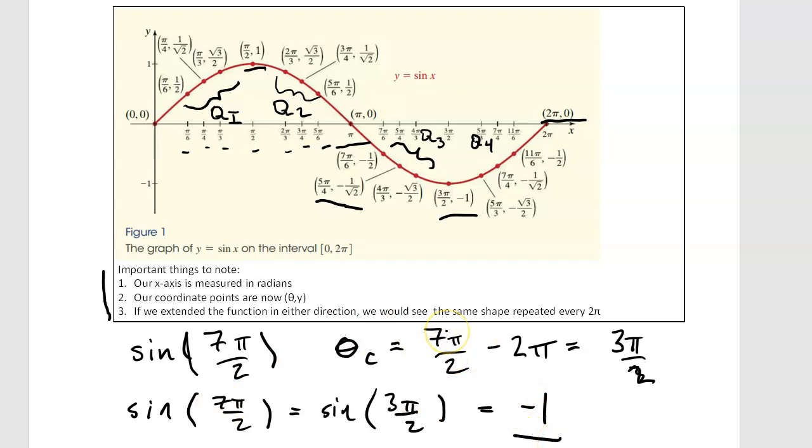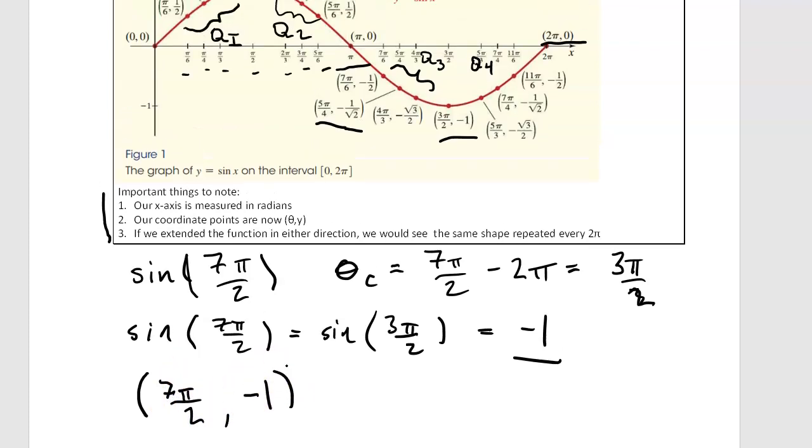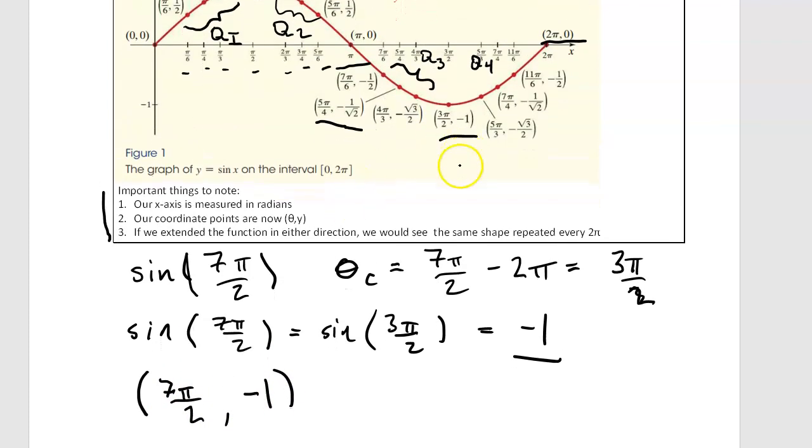Now we could make a point on our xy axes for the sine graph, where the x coordinate is 7 pi over 2 and the y coordinate is -1. So if we look up again right here, we see the point 3 pi over 2 and its output, its y coordinate, is -1, and then an angle coterminal with it has the same output.